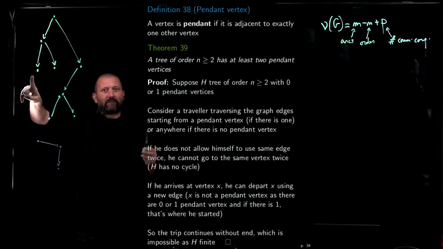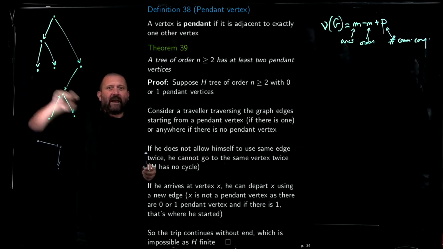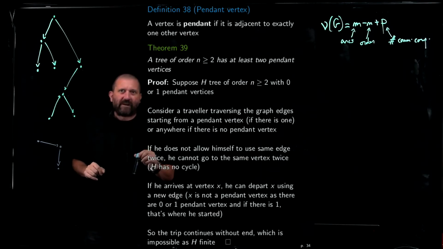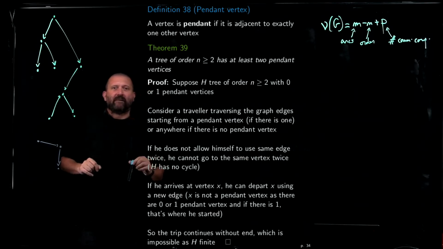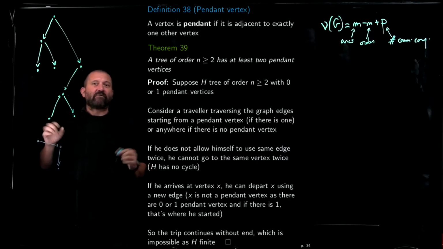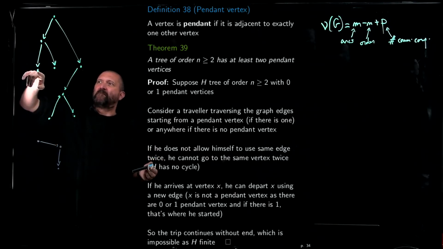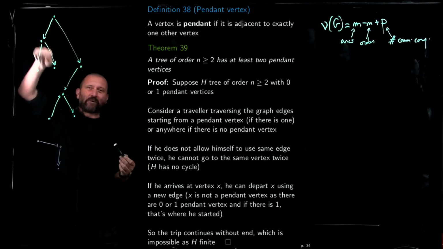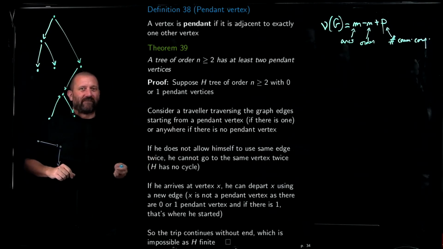Then what I'm going to do is traverse the edges or the arcs, starting here. And if I don't allow myself to use the same edge twice, then I cannot go to the same vertex twice. There are no cycles, so if I don't go back and forth along the same edge, I'm never going to encounter the same vertex twice.